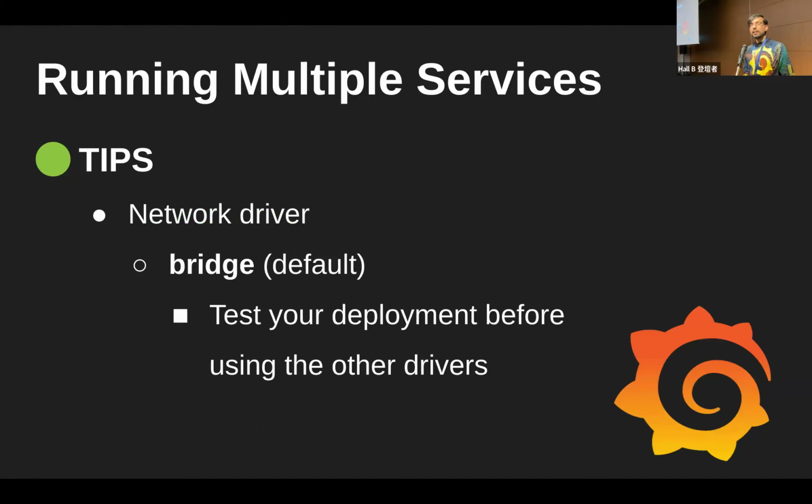And there are many. So the best practice is to first try to check that your Docker compose works with the default driver. If that does not work, then you already know that you need to fix a typo somewhere in your compose file. And then read the documentation on the Docker website about when to use which network driver, because every network driver is different.